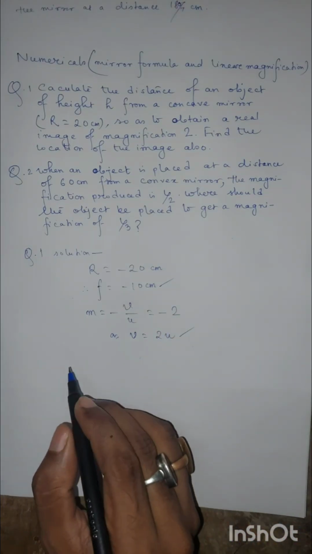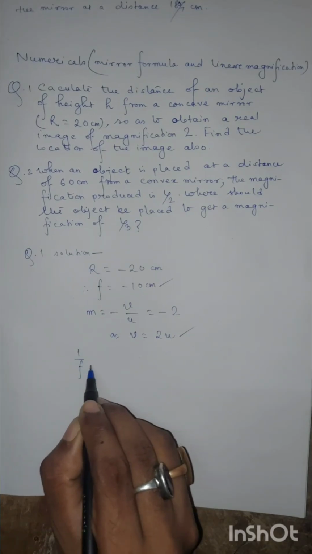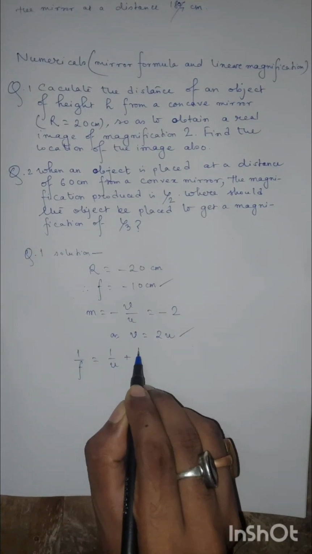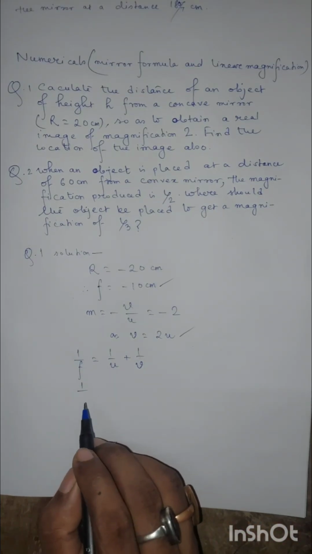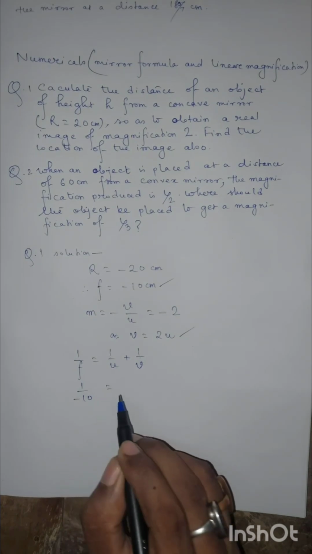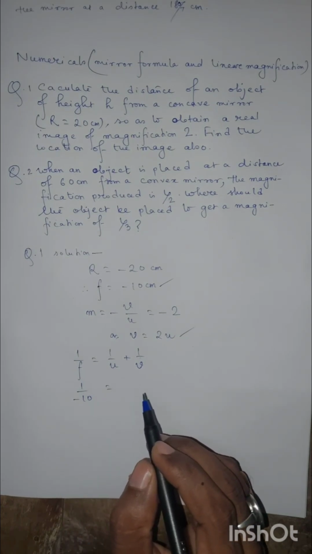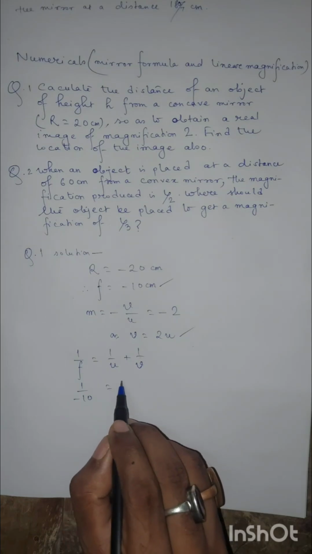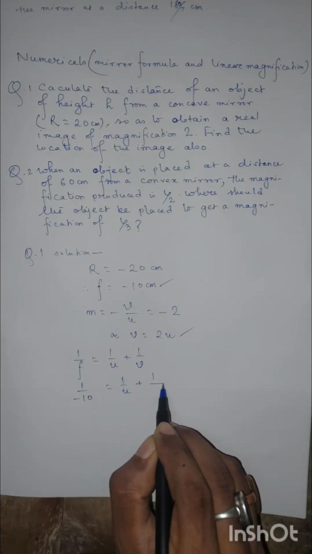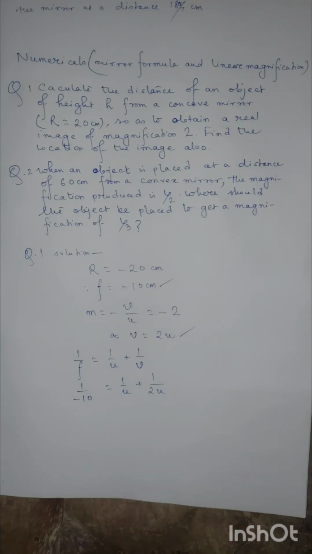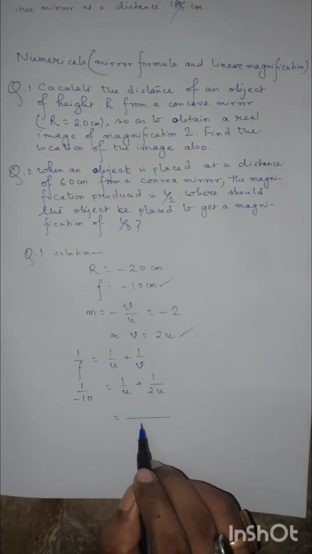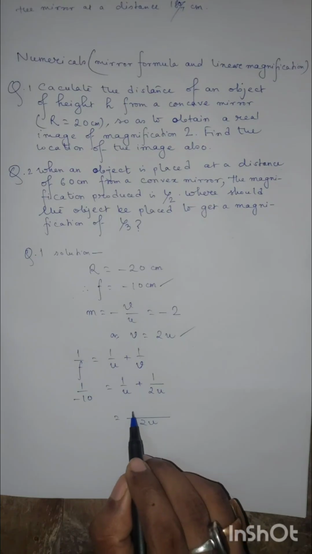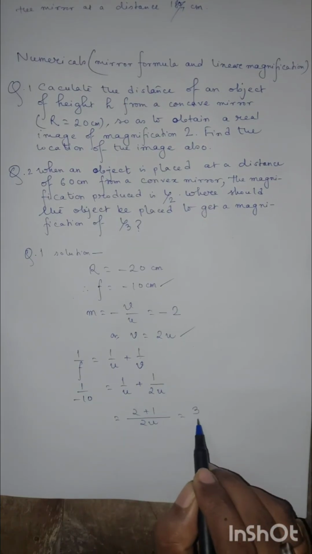Now if we apply the mirror formula we can write 1 by f is equal to 1 by u plus 1 by v. In place of f we can write minus 10, in place of u we write 1 by u, and in place of v we write 2u. So the LCM becomes 2u. So 2 plus 1, that means 3 by 2u.